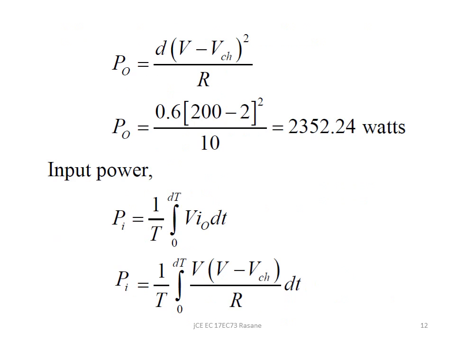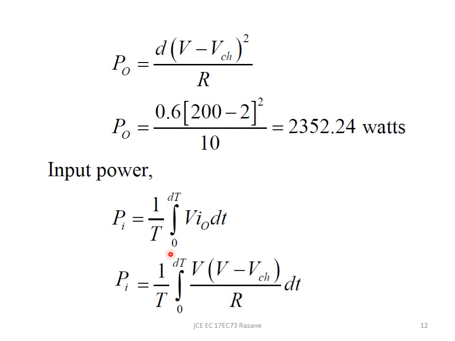Integrate it and we should be getting P naught equal to D into V minus VCH the whole squared by R. So substituting the values appropriately, I should be getting 2352.24 watts.